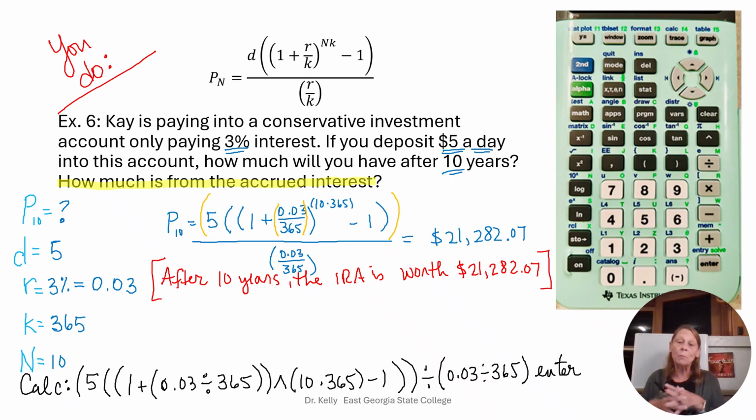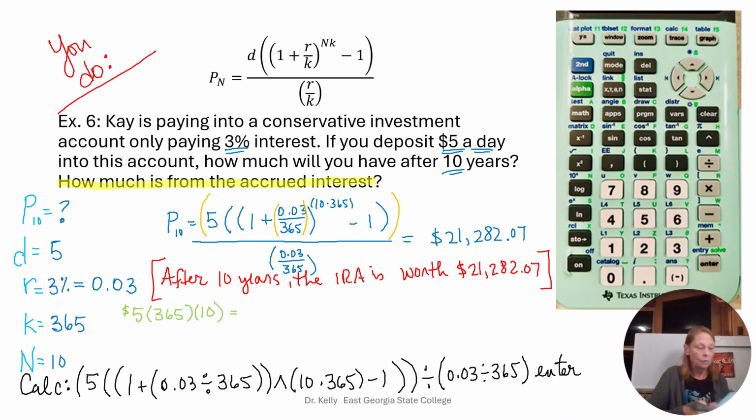Now, remember before, to find out how much interest you have, you say how much money is in the account at the end and how much did you pay into the account. Now here we have to figure out how much we paid into the account, and to figure that out, we're going to say $5 a day times 365 days times how many years? 10 years. This is going to give us that number here.